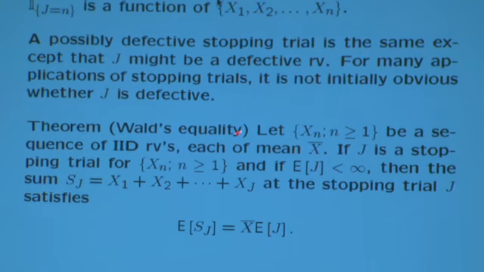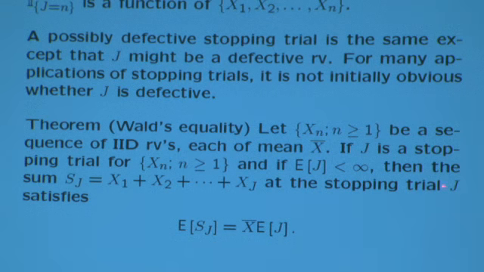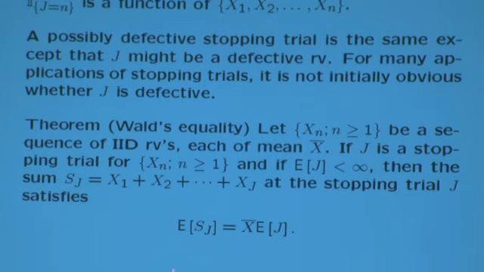Wald's equality is based on this extra condition that the random variables are IID, each of them with some mean, X bar. If J is a stopping trial, and if the expected value of J is less than infinity, then the sum, S sub J, at the stopping trial J satisfies this relationship here.